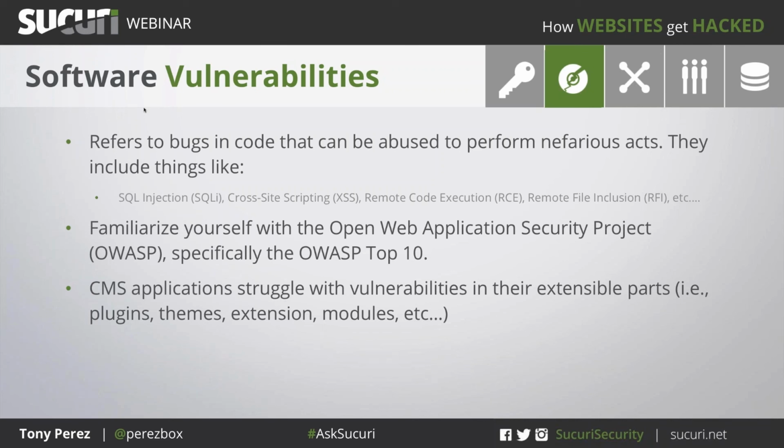Maybe it's abusing an arbitrary file upload vulnerability of some kind, and then using that to do remote code execution, or maybe it's just tying two bugs together, where one allows me to do one thing and the other allows another. Or maybe the vulnerabilities extend beyond the application and go to the server. So a bug in the application and a bug in the server will create one vulnerability, right? And it's this daisy chaining of bugs that allows us to create a security vulnerability that we can then later exploit.